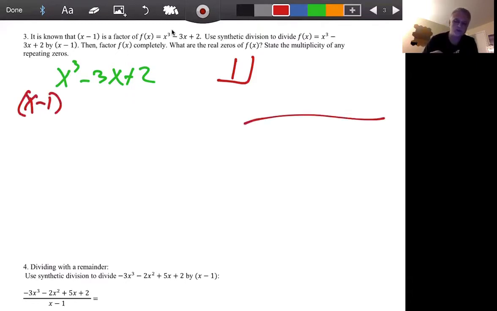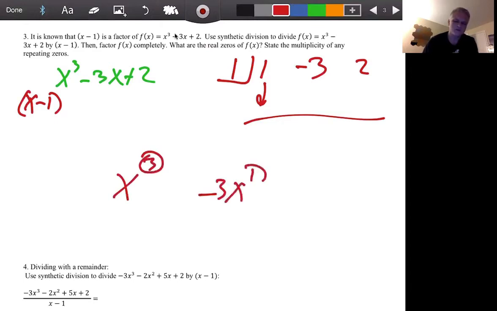So x cubed is a 1 in front of the x cubed. Minus 3x, and then plus 2. Now, if we did this, we would not come out with the correct answer, believe it or not. The reason is this polynomial is just a little bit different. It's got an x cubed, it's got an x, it's got a 2.